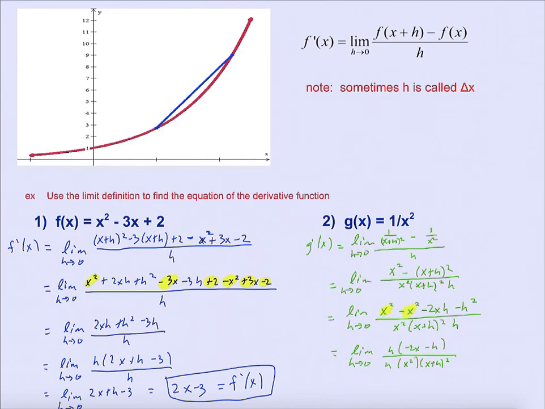And the h's cancel, leaving me still with a limit of negative 2x minus h over x squared times x plus h squared.